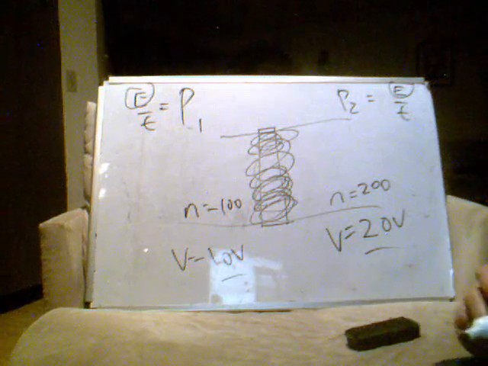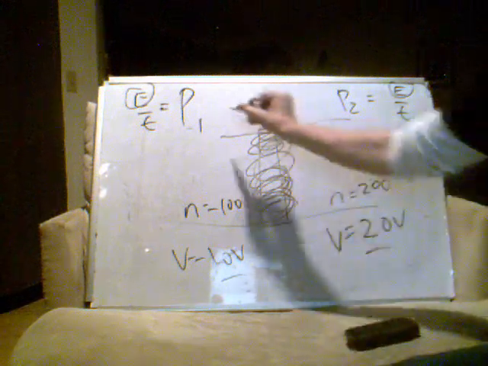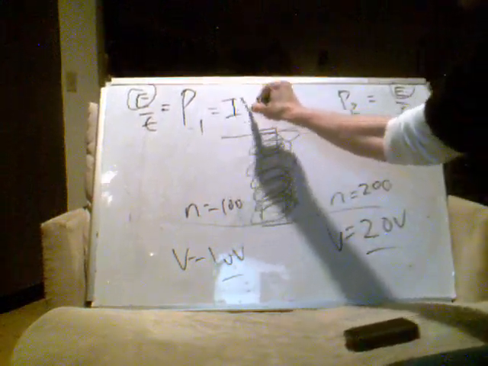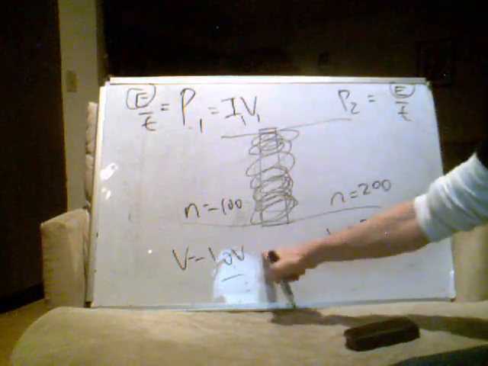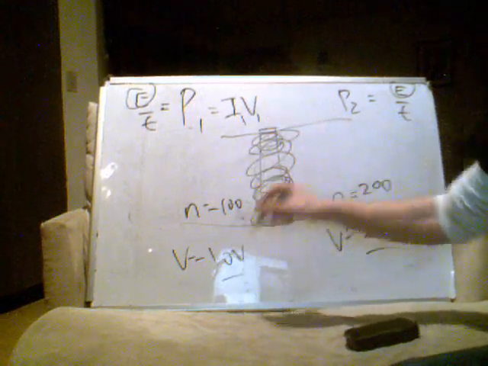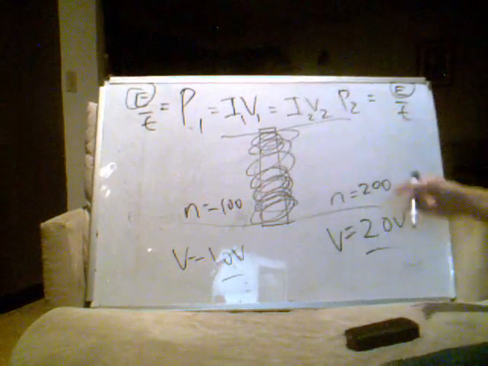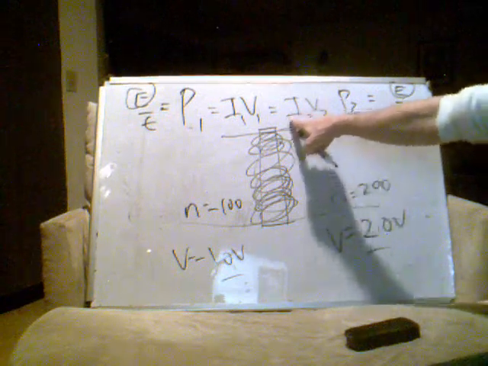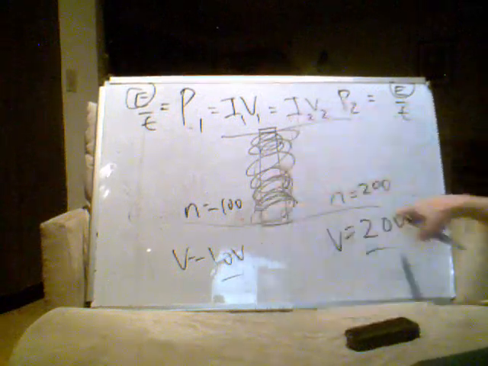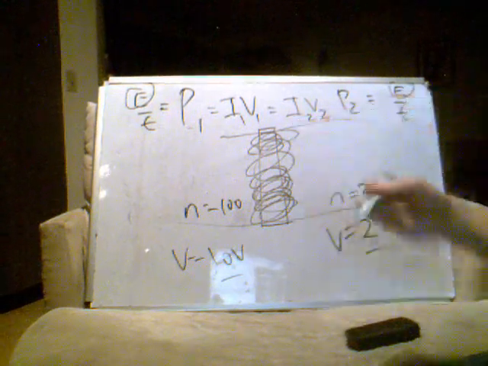Now if you remember, we had a definition for electric power, and that was current times voltage. So we're going to have a certain amount of current here and a certain amount of voltage. And so if we're going to have double the amount of voltage coming out, that means we have to have half the amount of current.